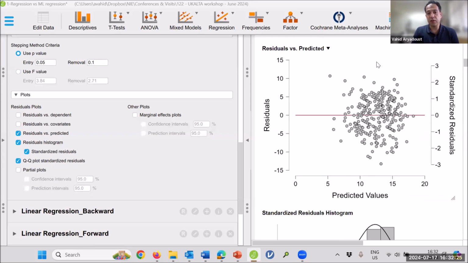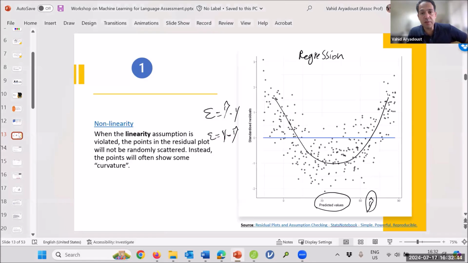Question, based on what I just mentioned, do you think that the assumption of linearity is supported or not supported by this graph? Since you already have the data in front of you, I'm going to present the slide once again so you can compare this with what I am displaying. Do you think linearity is supported?